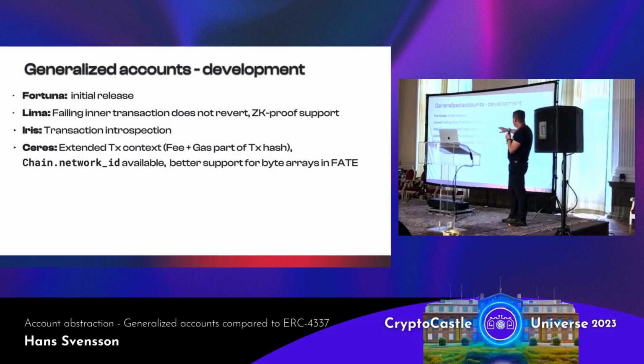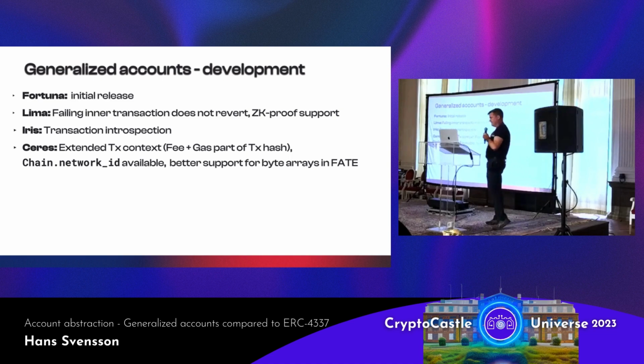In the next step, we added more things to this transaction inspection, looking at more details of the wrapped transactions. And in the next part, which is not yet set in time, there will be more updates. We will extend the transaction context.